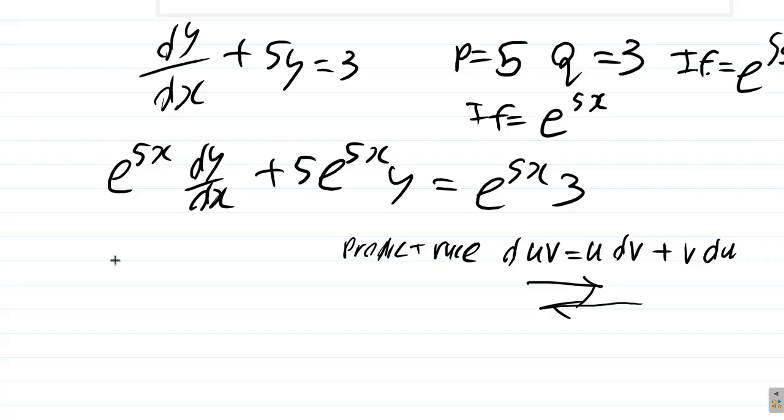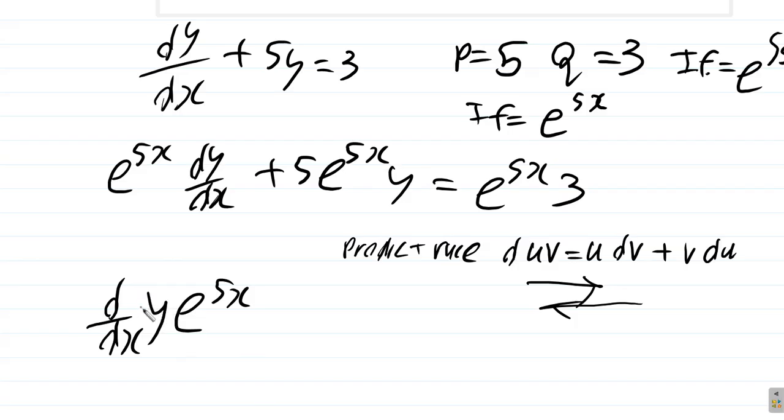So here, you're looking at the derivative with respect to x of, what did you hold here? You hold e to the 5x. So one of the things is e to the 5x. And here, you hold y. So it's y e to the 5x.